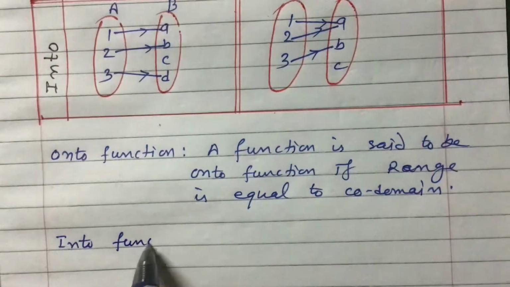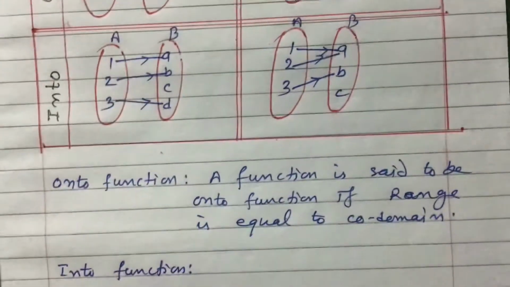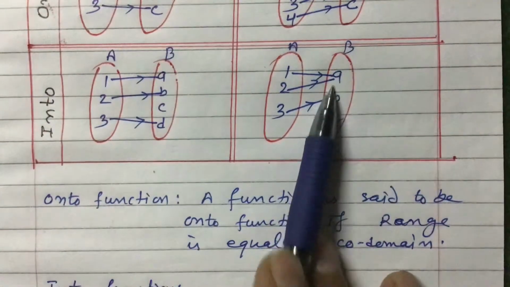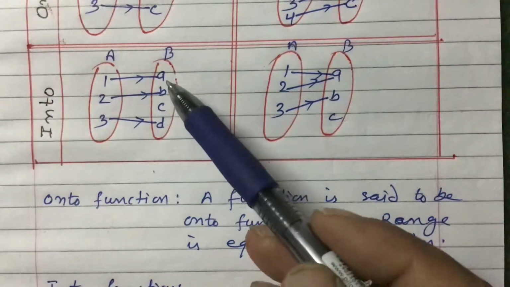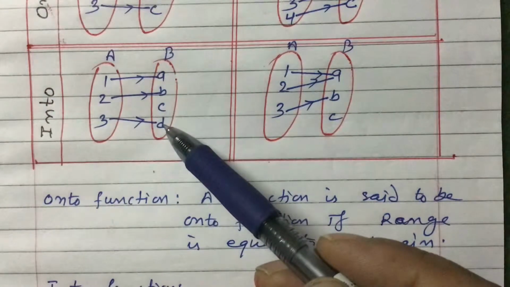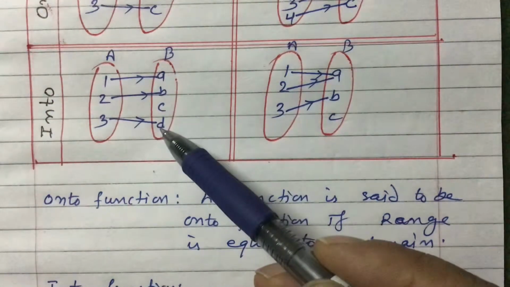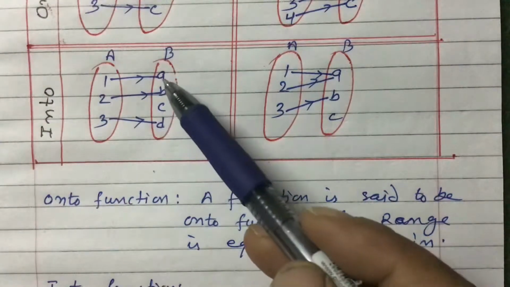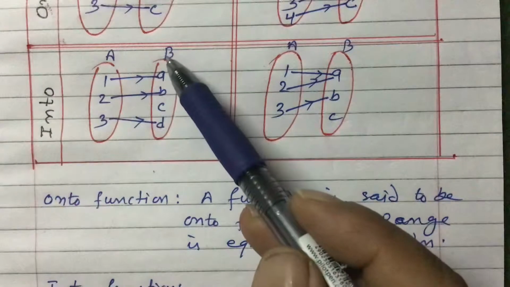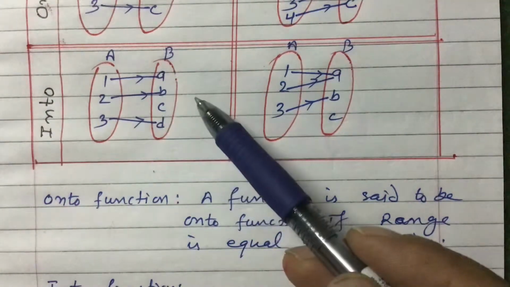Into function. Look at these two examples. See, into. Why into? Here our range contains the elements A, B and D, but codomain contains the elements A, B, C, D. So what happened now? The range is a proper subset of codomain, because codomain contains one element more, C is extra there.